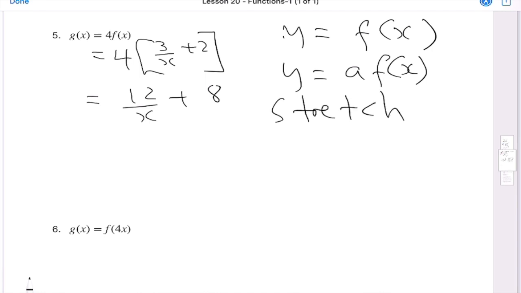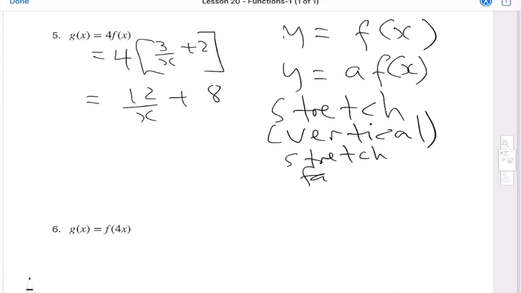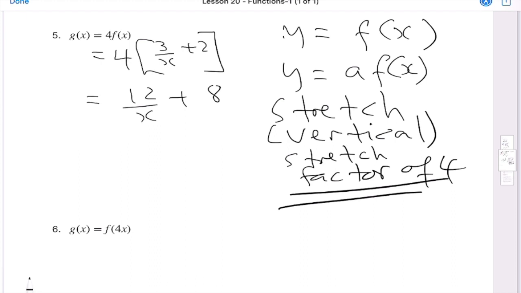In particular, this is a vertical stretch with a stretch factor of 4. So to describe that transformation fully, you need to state that it's a vertical stretch of factor 4.